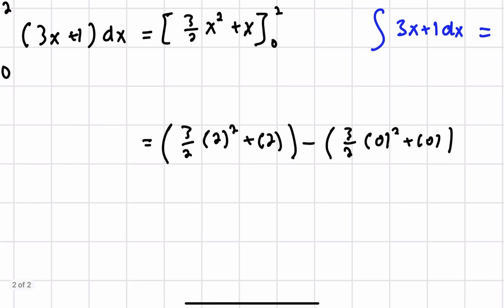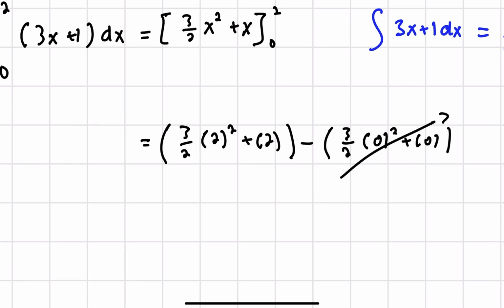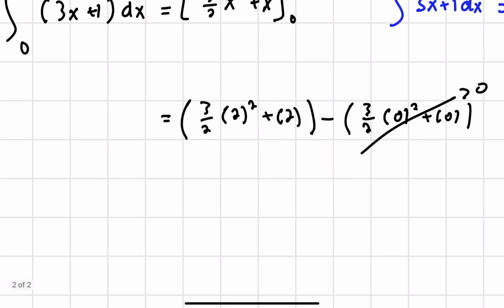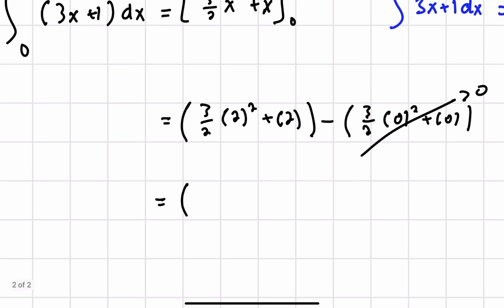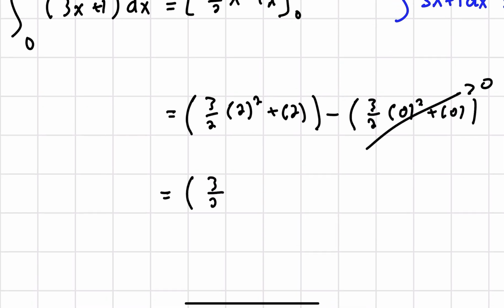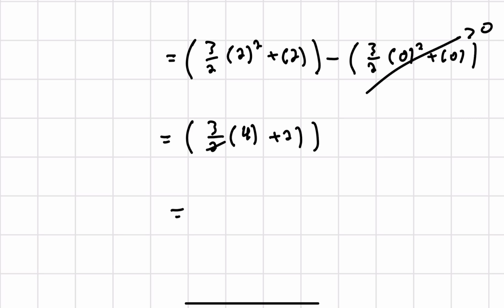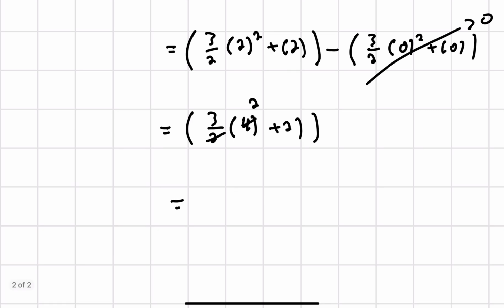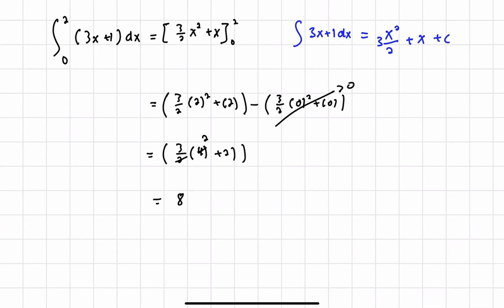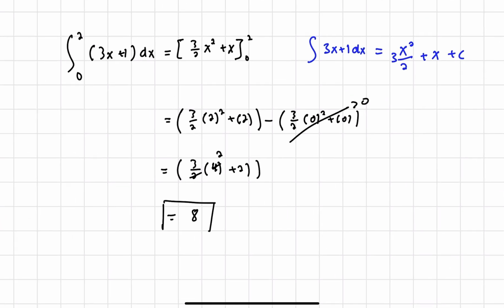You could see that the lower bound, since it is 0, all of this is equal to 0. And now we just have to evaluate the upper bound. So 3 over 2 times 4 plus 2. And this simplifies, and then the final answer will be equal to 8. And this is our final answer.